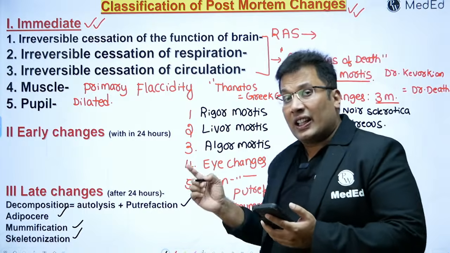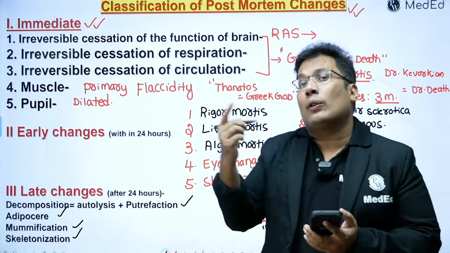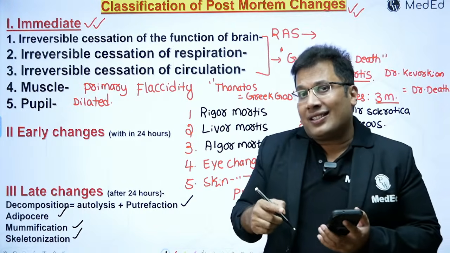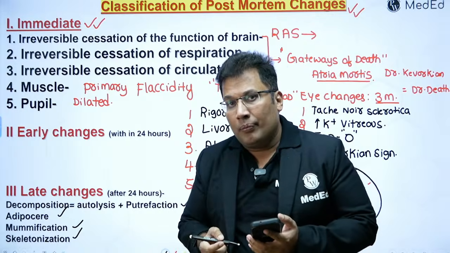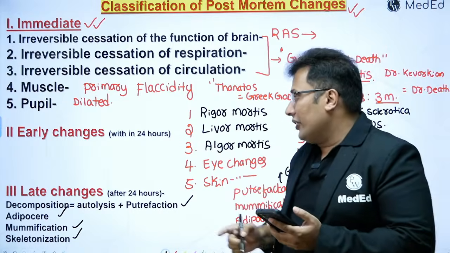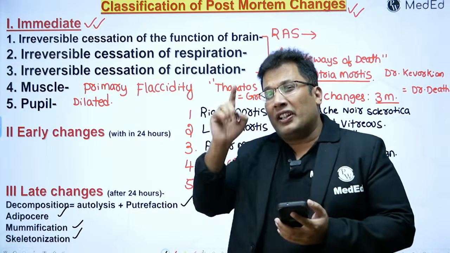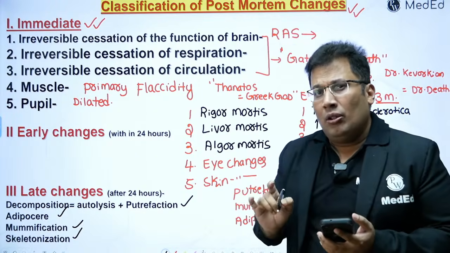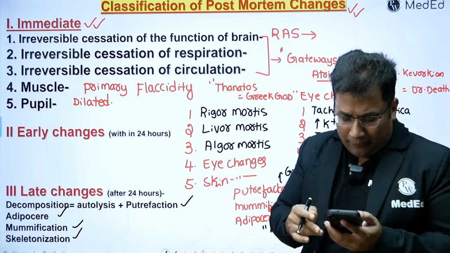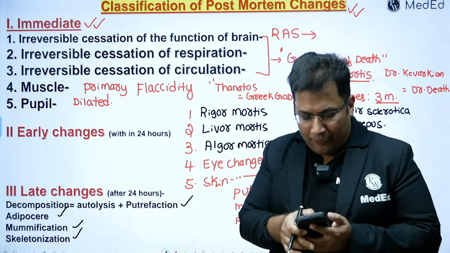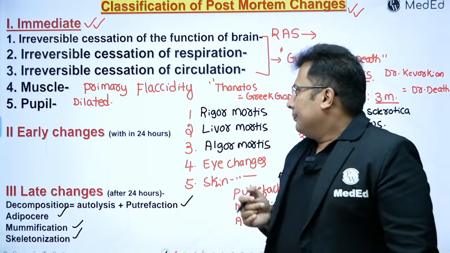Mummification occurs in a hot, dry environment. Adipocere occurs in a warm, humid environment. The most common postmortem change among the late changes is putrefaction, and putrefaction is very foul smelling. Commonly asked in the exam.